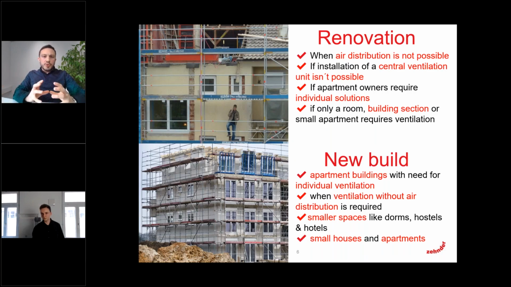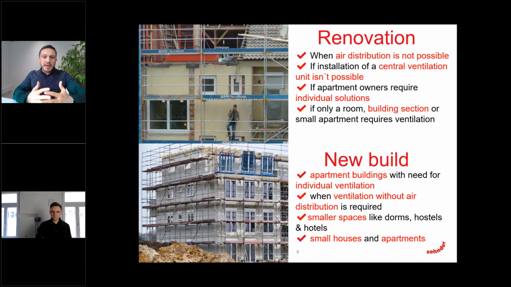So just to put everything together again, and point out a few characteristics of the renovation and a new build. In renovation, you can use a decentralized solution when air distribution is not possible for many reasons.